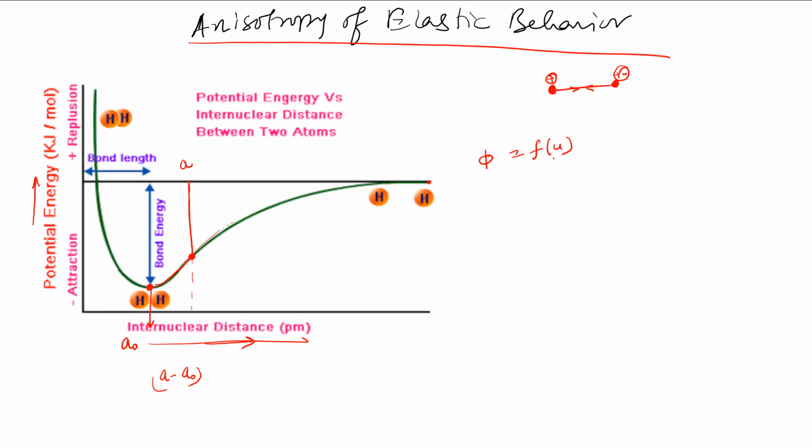So this phi, which is dependent on u, will be phi naught plus d phi by du times u plus d2 phi by du square, times half, u square, plus dot dot, something like this.